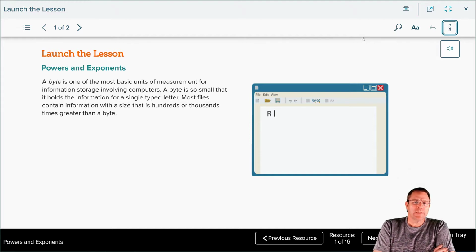And that's a little misleading because it says a single type letter, but that's not exactly right because it is a combination of multiple bytes that make that type letter. The byte actually represents a single 1 or a single 0. That's it. That is 1 byte of information, and it takes a whole bunch of them even to write a single letter.